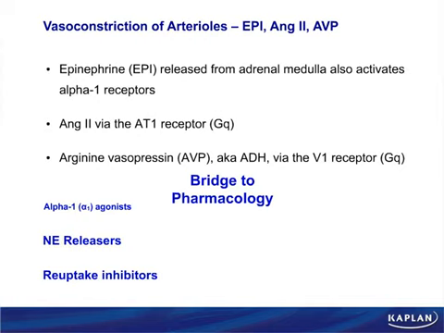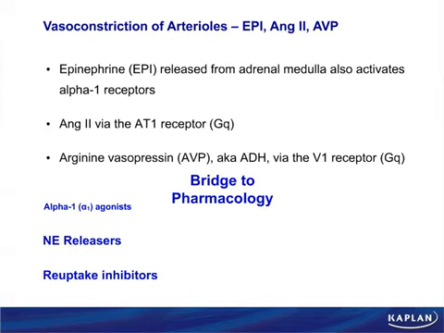If you said phenylephrine, yeah, that's the classic. We could also give drugs that cause the release of norepinephrine. Do we remember drugs that will cause release of norepinephrine? If you said ephedrine, excellent. If you said amphetamines, excellent. And the other one, maybe you said tyramine. Tyramine, excellent.